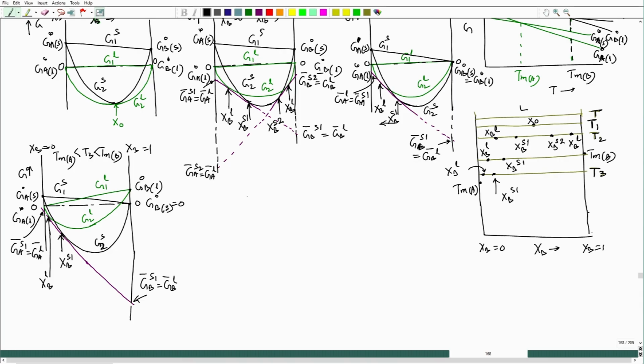Now we have another temperature, let us say T equal to TmA.